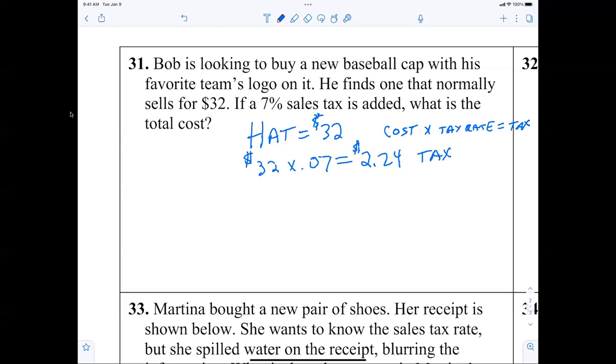How much money was the tax? So how much total do I have to pay? Because I have to pay the tax and for the cap. What is it? He's good.